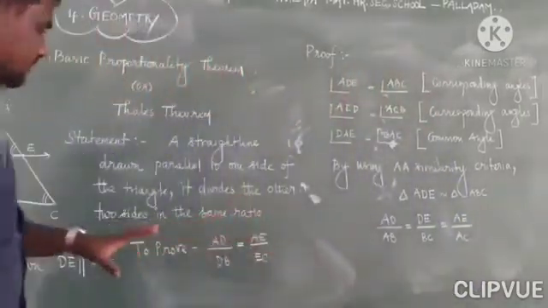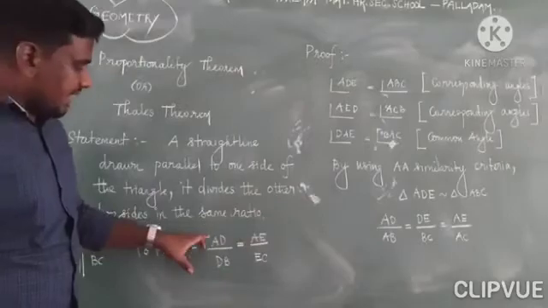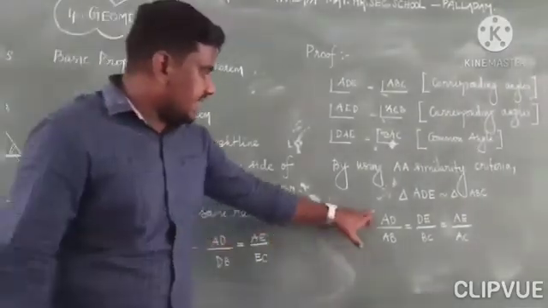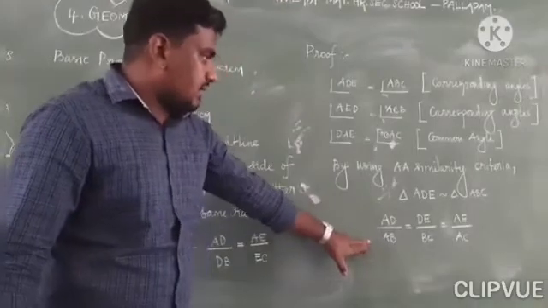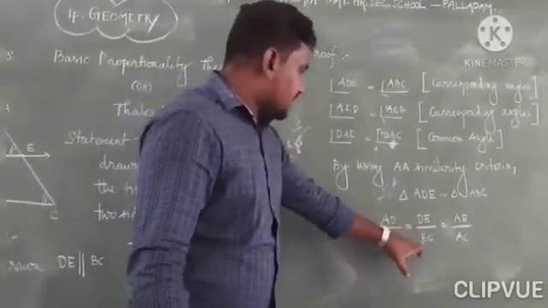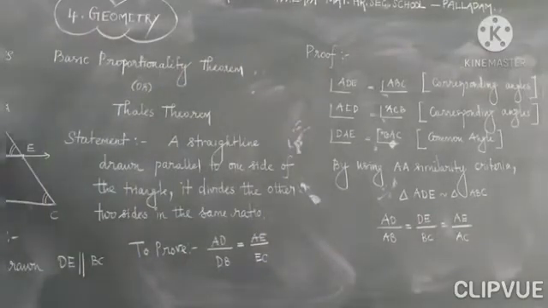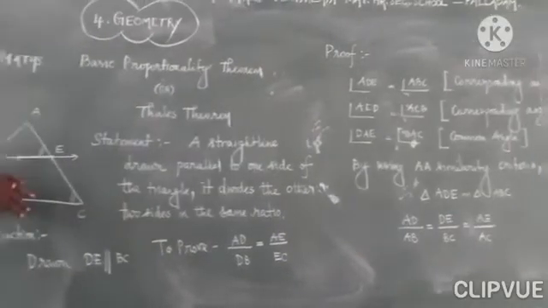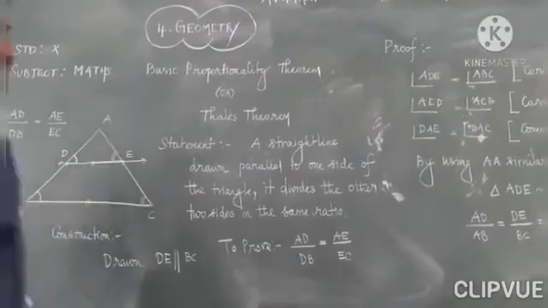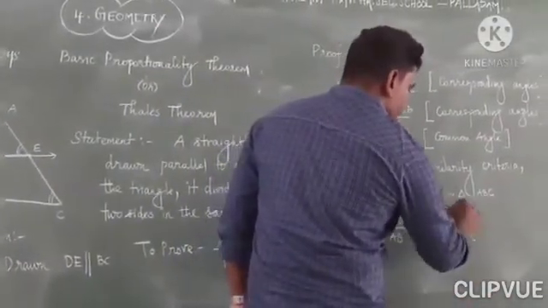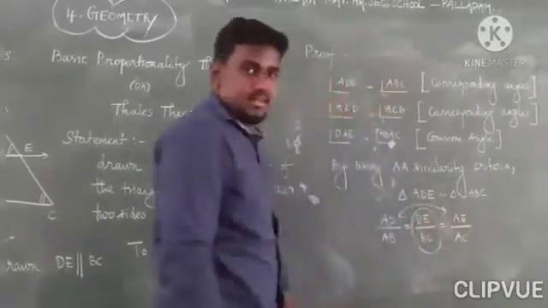Okay. Actually, we are going to prove AD by DB equal to AE by EC. So here this AD and AB, DE, BC, AE and AC. So no need to take this DE and BC, so ignore it. I am going to take 1 and 3.